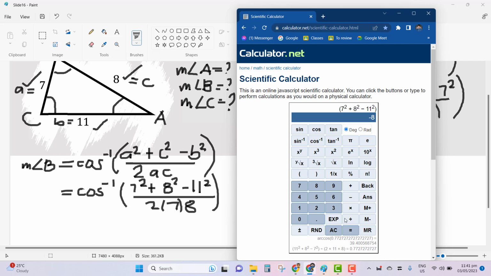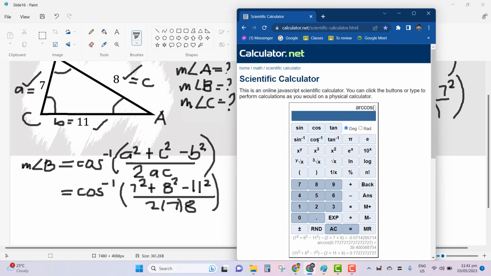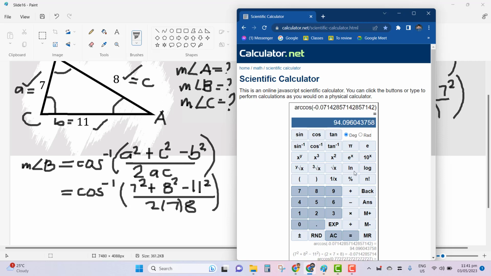Close it. Divide by parentheses 2 times 7 multiplied by 8. Close it. Equals. No need to worry about the negative value here because you still need to subject that to this function. Answer, and you have your equals. You have 94.096, and so on.